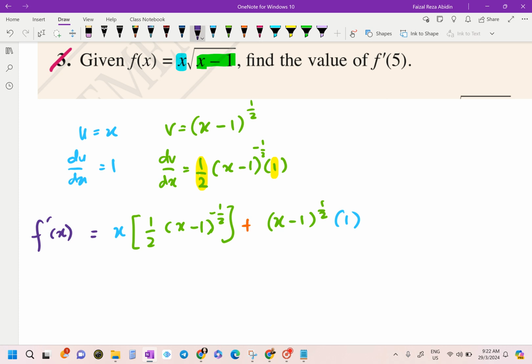Okay, so everything here, if I'm going to expand, because I got over here negative 1 over 2, which means everything is going to be at our denominator over here, the square root of x minus 1. Then this one plus, we are going to have the square root of x minus 1. Actually I can write it back as square root of x minus 1 only.